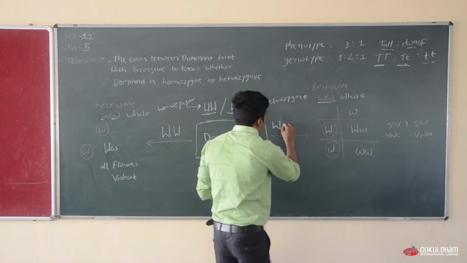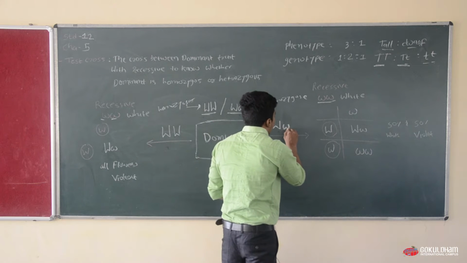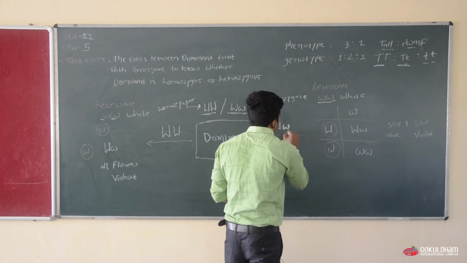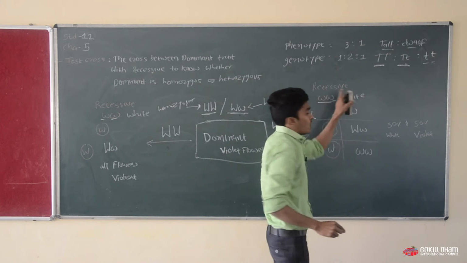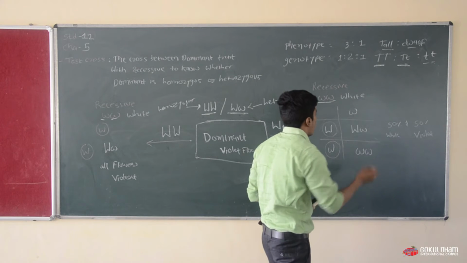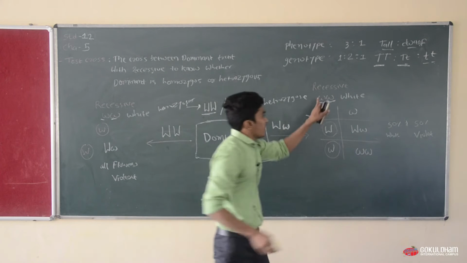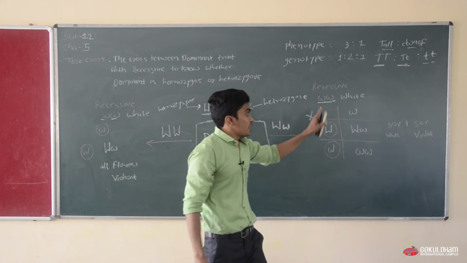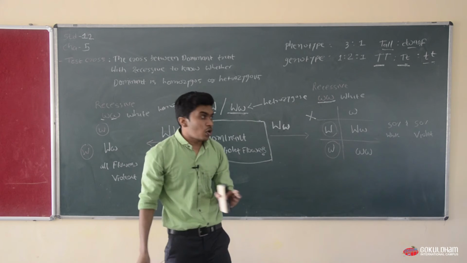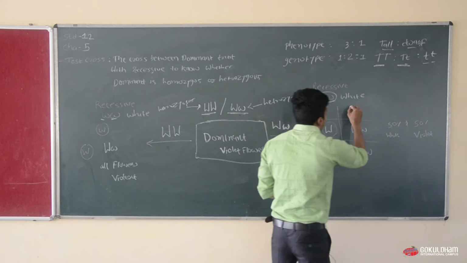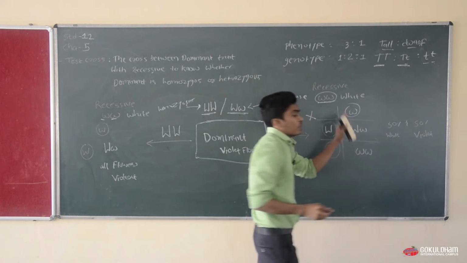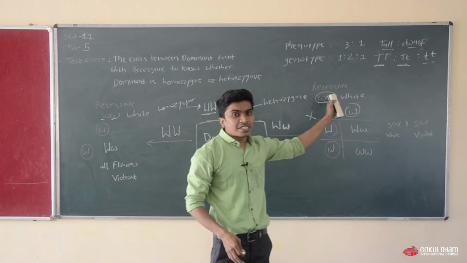Let's see, if the plant is heterozygous and it is crossed with white recessive, what will happen? White is homozygous, so only one kind of gamete will form, and that is small w, the white trait.